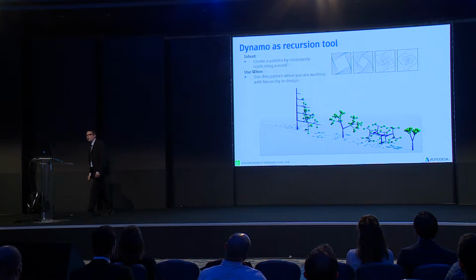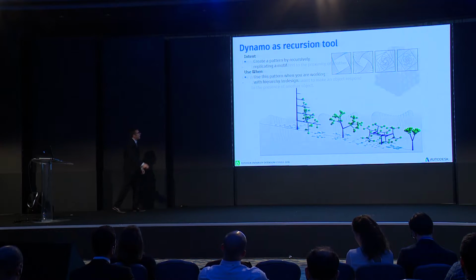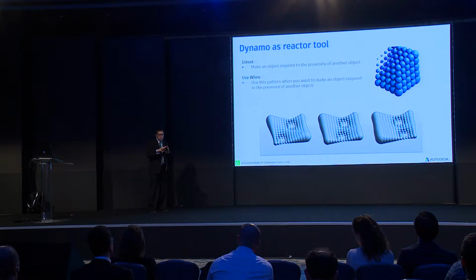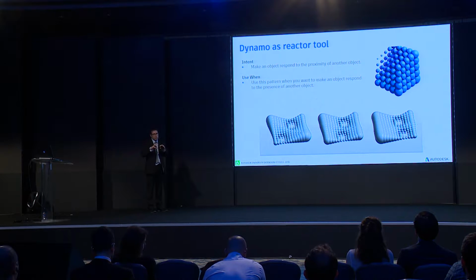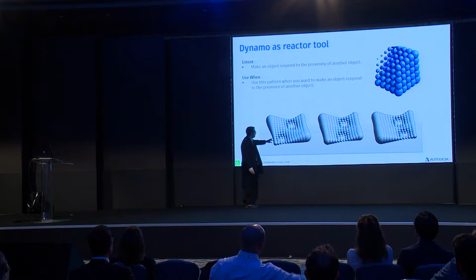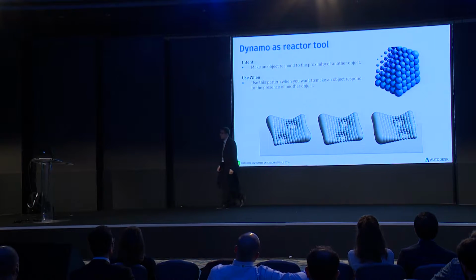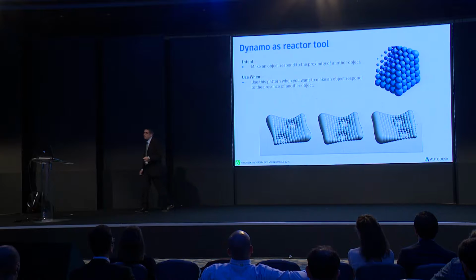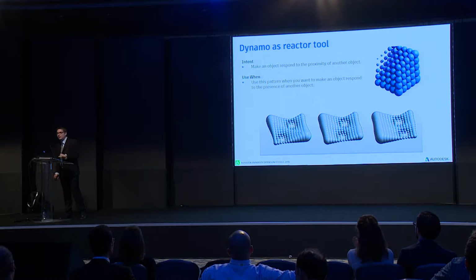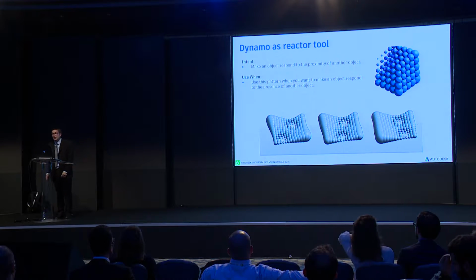You can create recursive objects. That means you can arrange some objects between them. And some reactor objects: when you place an object, it can have some reaction with the object in front or behind the object created. That means here you can have this strange shape. I call it a strange shape because I am a civil engineer, and at the end you need to put this into the site. It will be difficult to achieve, but you know.